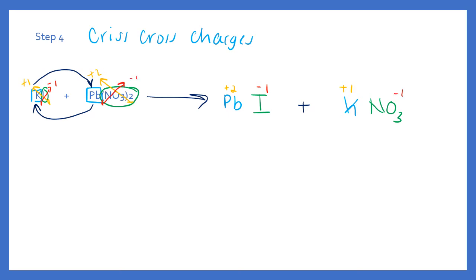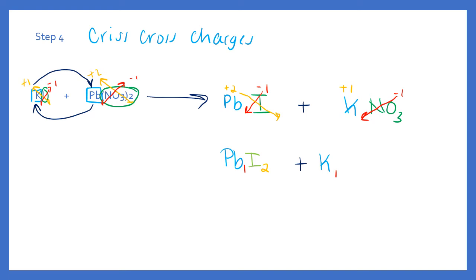All right, now we can crisscross. So the -1 for the iodine swings down, so it's going to be lead 1. And the +2 swings to the outside of the iodine, which makes my iodine 2. And now my -1 swings down to the potassium, making it potassium 1.